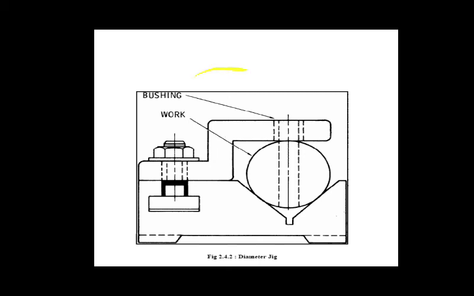After that we have seen the box type jig, which we use when holes have to be drilled in more than one plane at a time.